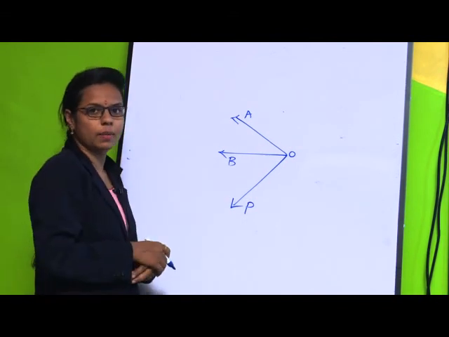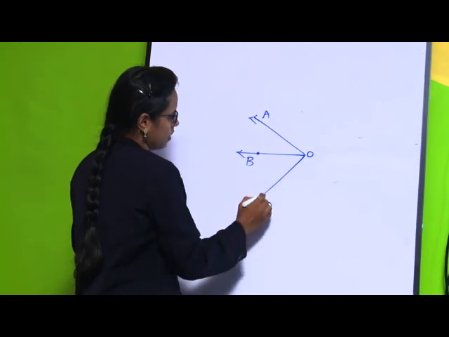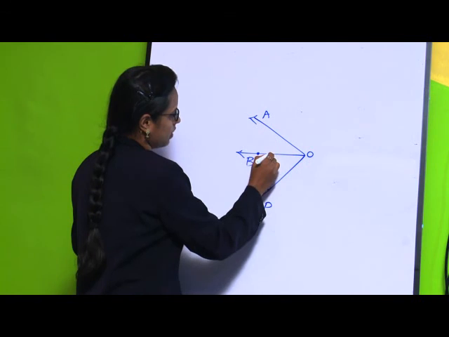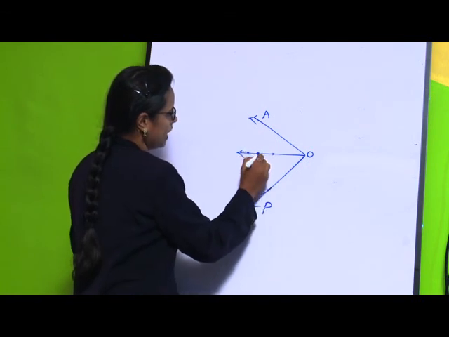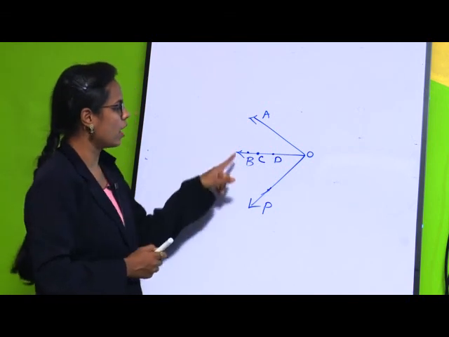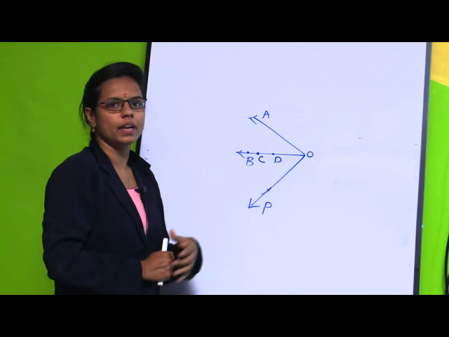So we want 3 points in common. So we can name this angle as, this is the point B, here we can give C and here we can give D. So these are the points common, 3 points in common as B, C and D.